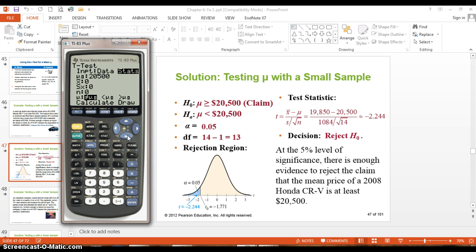Right below it is x bar, the sample mean that was given to us in the problem, which we were told was $19,850. Below that, Sx is the standard deviation for that sample, which they told us was 1,084. And underneath that is n, the sample size. How many cars did we look at here? They told us in the problem we looked at 14 cars.